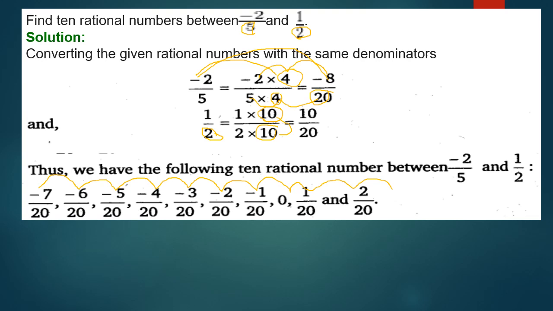Then 1 by 20, 2 by 20, 3 by 20, 4 by 20, 5 by 20, 6 by 20, 7 by 20, 8 by 20, 9 by 20 are the rational numbers which lie between minus 2 by 5 and 1 by 2.